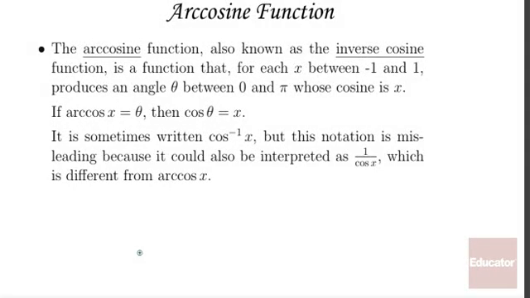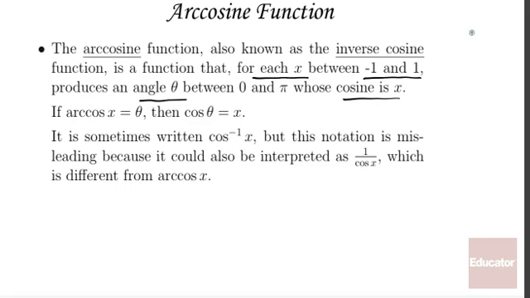The arccosine of x, the arccosine function, is sort of the opposite of the cosine function. So you're given a value of x, and you have to find an angle whose cosine is that value of x. And again, the value of x you must be given would have to be between -1 and 1, because those are the only values that come up as answers from cosine.